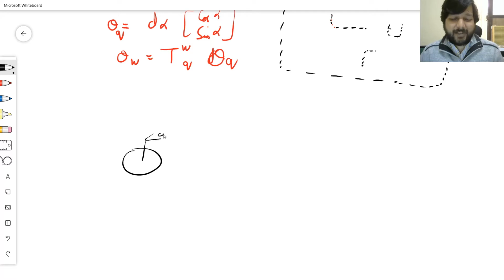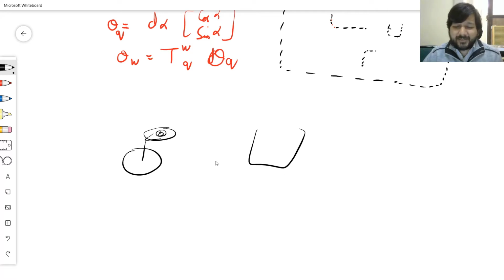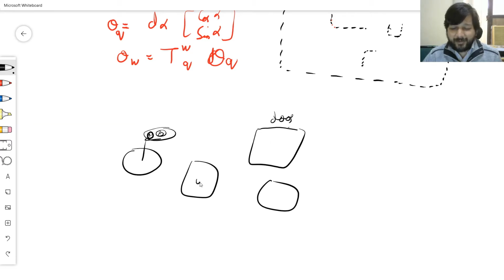So that's my camera. It looks at some objects. And this time let me say that there's a stereo camera. So there's a door, there's a window. Using any image processing library, I can get all the corners. So I can get U and V of the landmark in the image coordinate frame.